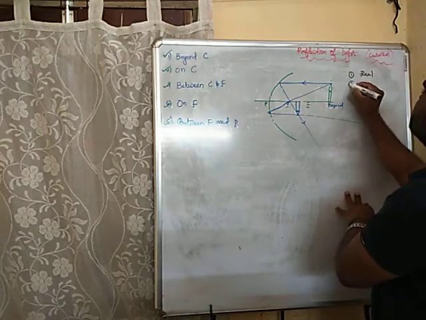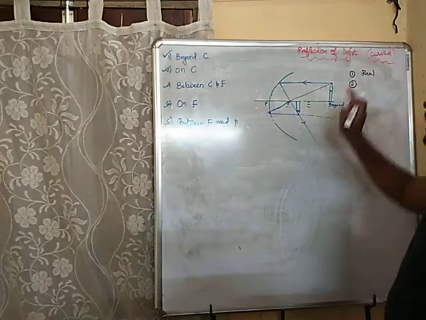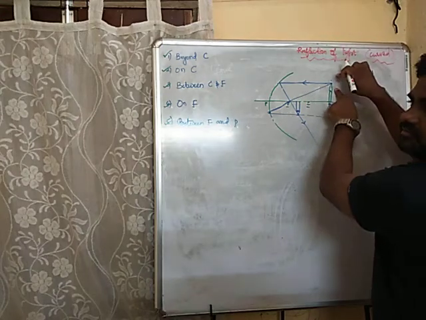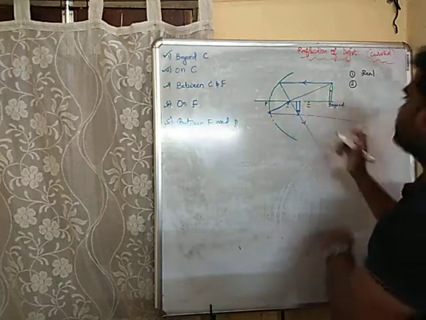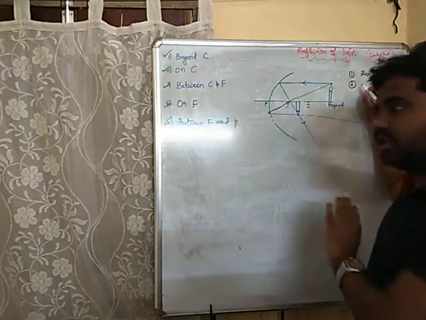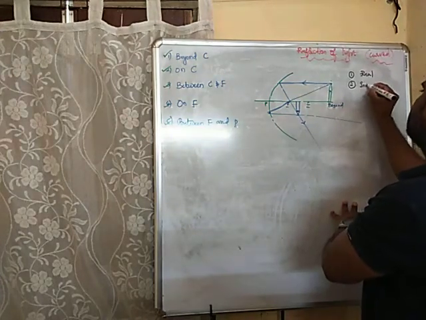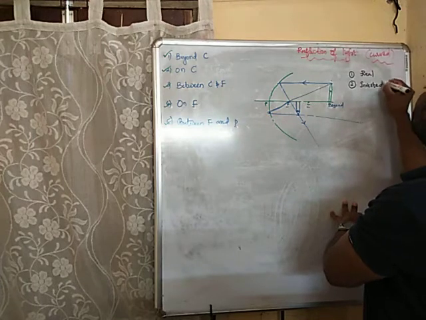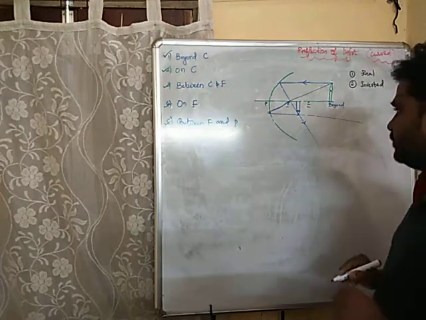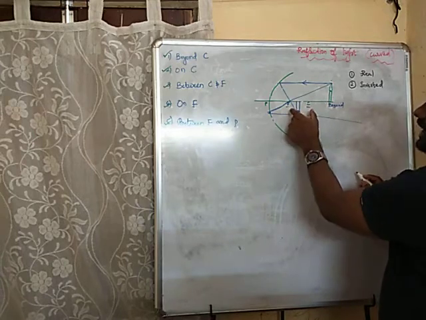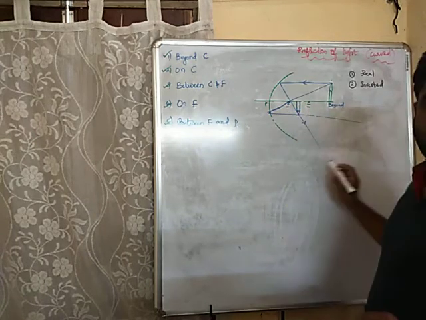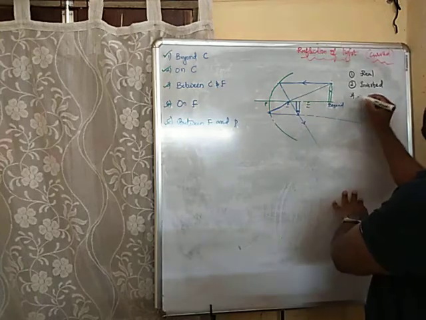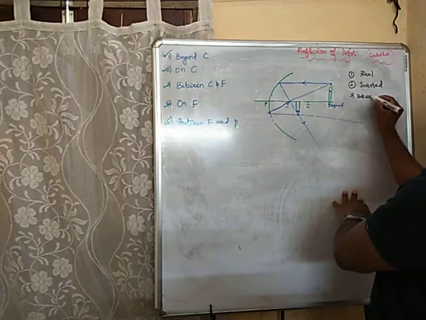Very good. And the second one, this is in erect position, like upward direction, but this one is downward. That means reverse. Hence it is called an inverted image.